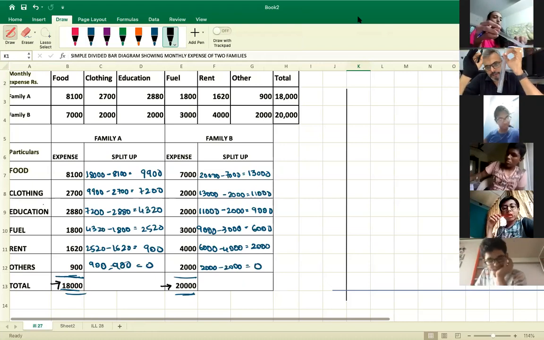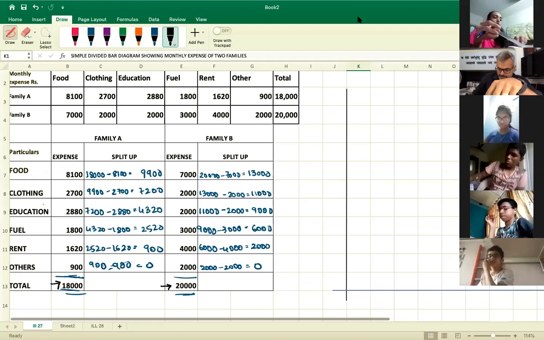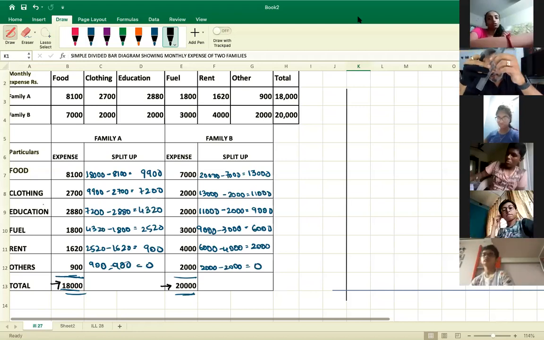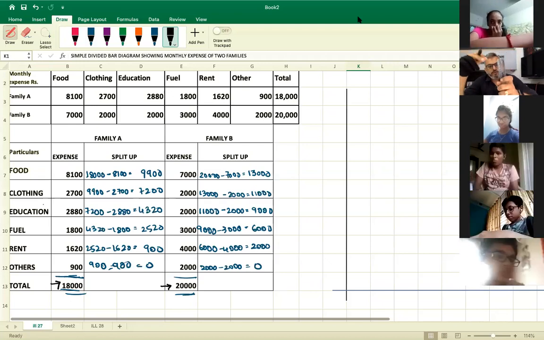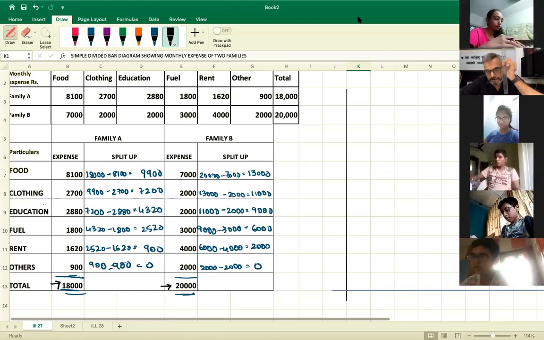You can go for that if you are comfortable. It will be a very big bar, but you can do it. It will fit easily in your graph paper. If you feel it is becoming too big a diagram, then you can take 1 centimeter is equal to 2,000 rupees. Then your biggest bar will be of 10 centimeter. Did everyone understand?